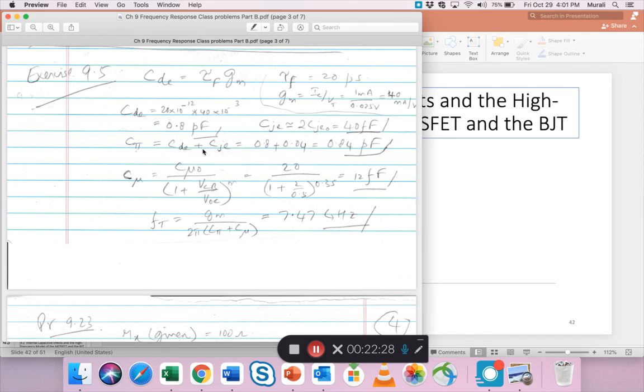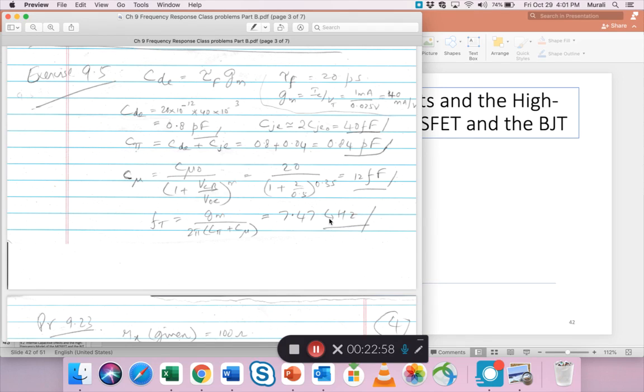C pi is the sum of these two, so you get 0.84 picofarads. C mu has this formula. So you take that 20 divided by 1 plus the ratio of some given voltages raised to the power m. So that comes out to be 12 femtofarads. From here you can find fT as this ratio, and that is 7.47 gigahertz.